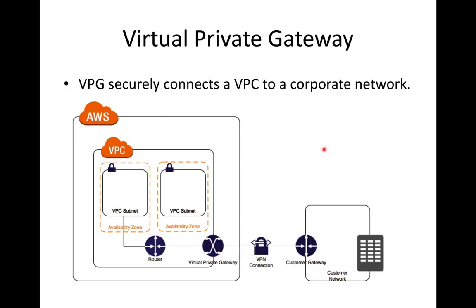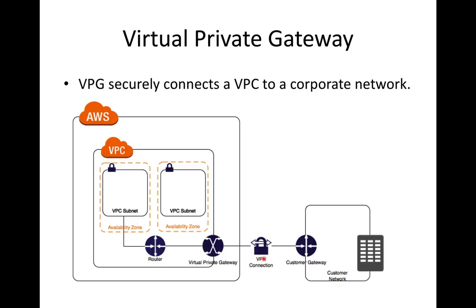There are some cases where you want to securely connect your office network to a VPC running in AWS. To connect your office network to a VPC, you can use what's called a virtual private gateway, a VPG. A virtual private gateway is a VPN tunnel.